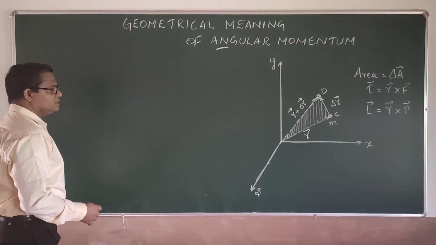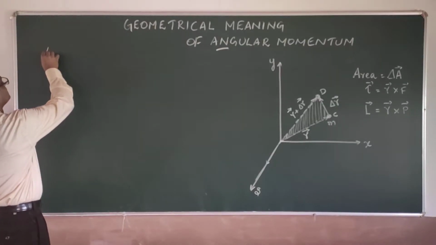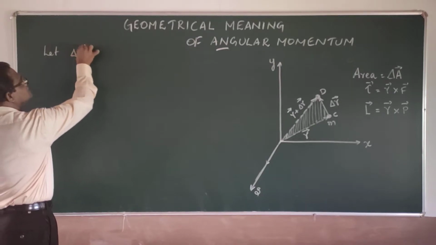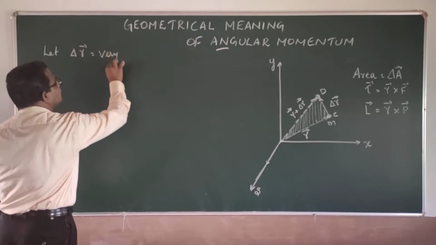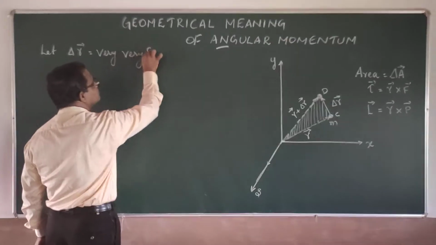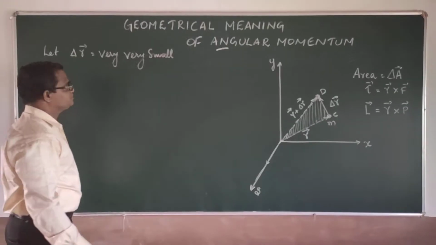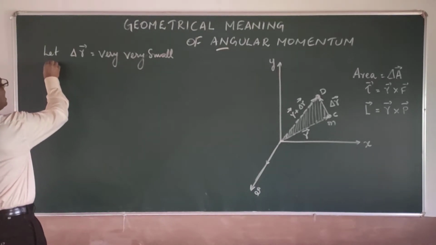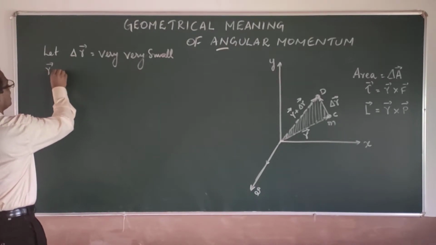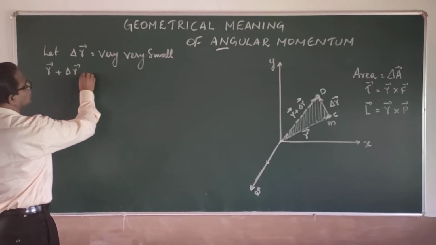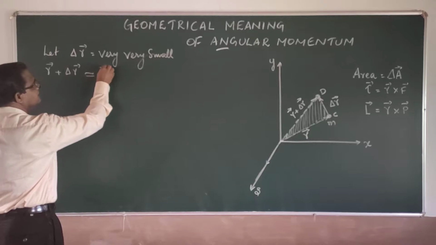Now we start the concept with delta r very small, so that r plus delta r is almost equal to r itself.